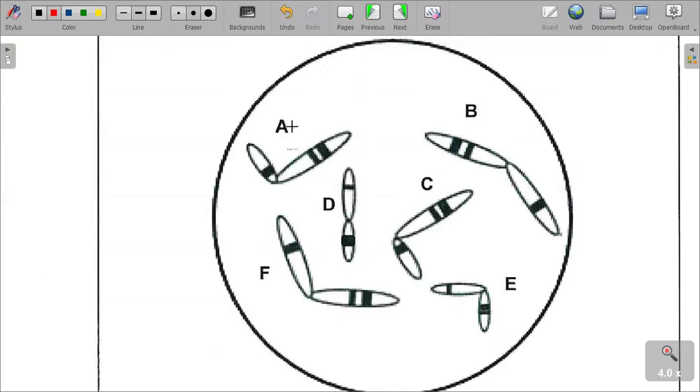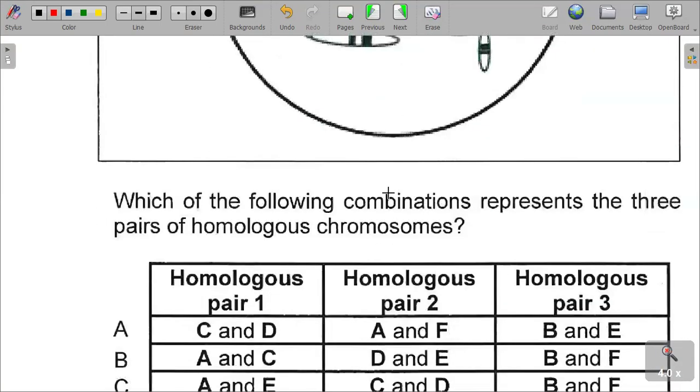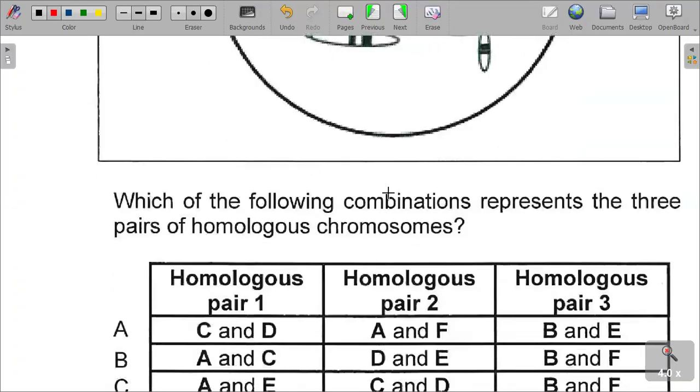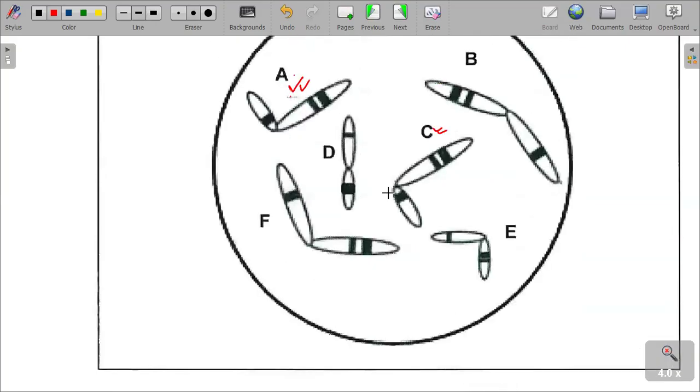And then we can as well say that we have D and E. D and E can also be correct. As you can see, D and E are also the same.